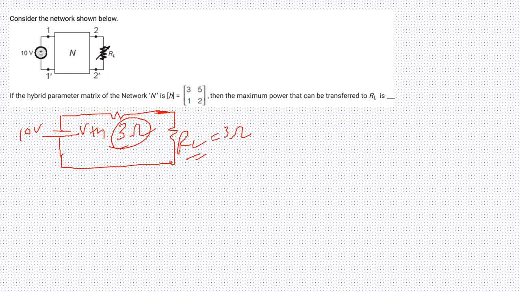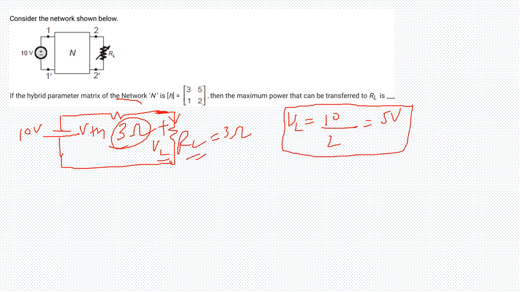Now I can find either the voltage or the current through RL and calculate my power. Let us find the voltage. Both the resistances are the same, so the voltage drop will be equal across the two resistances. So VL, the voltage drop across RL, is going to be 10 over 2, which is 5 volts.